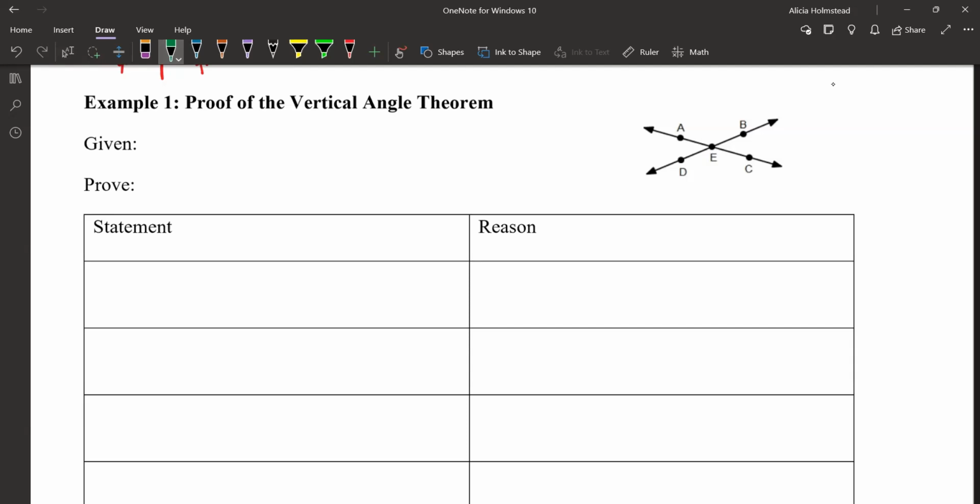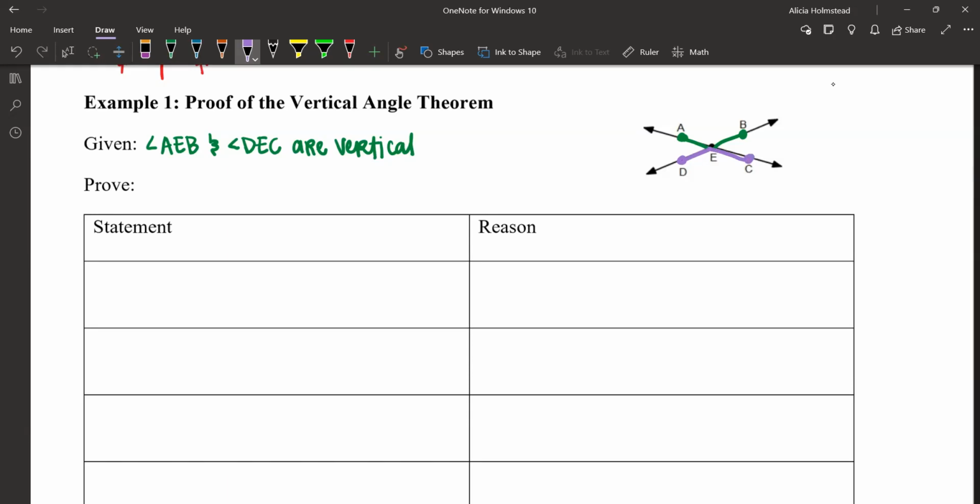So let's say that we were given the angle AEB and angle DEC are vertical angles. Okay, that is all that we know, is that angle AEB, and I'll maybe do this other one in a different color, and angle DEC, all we know is that they're vertical angles.